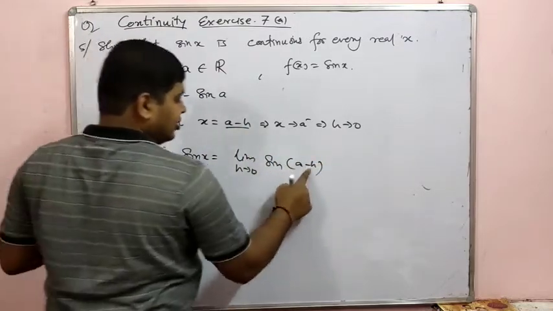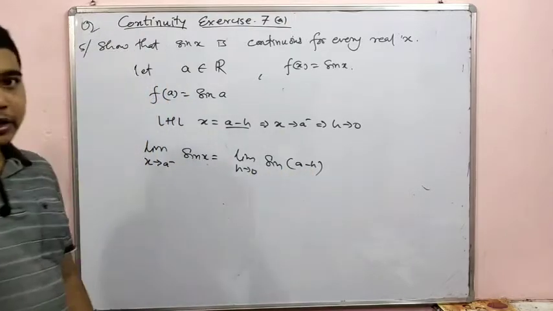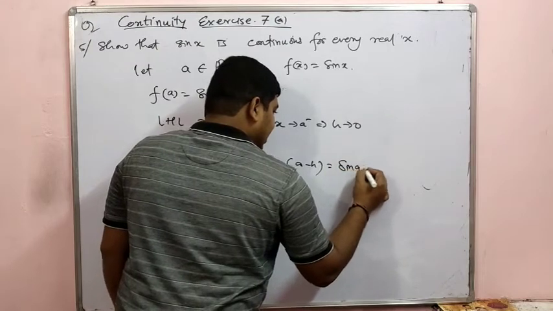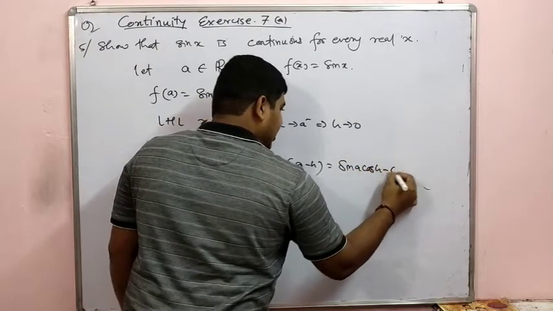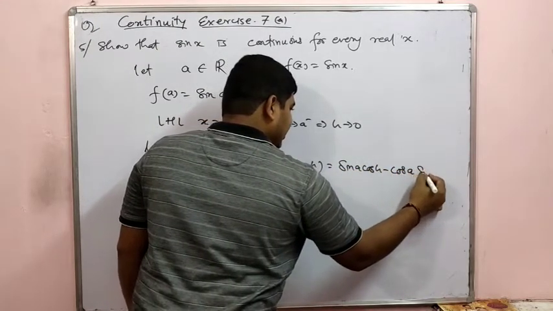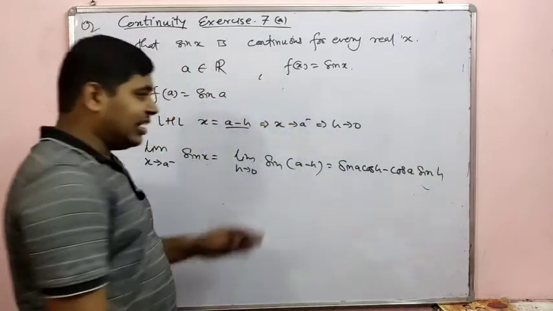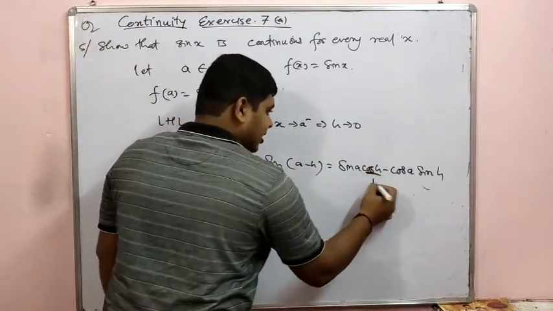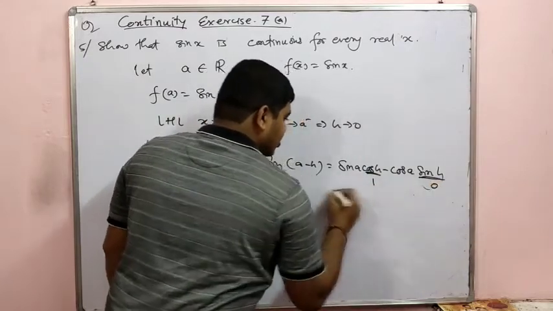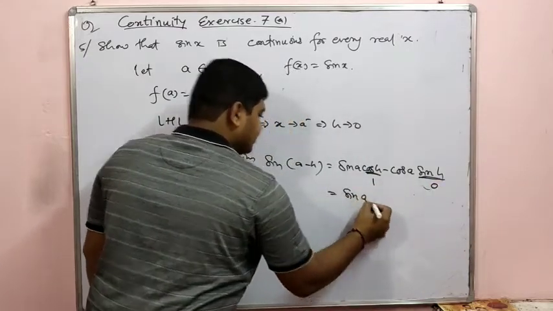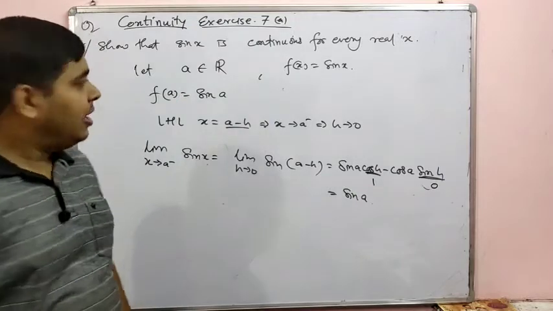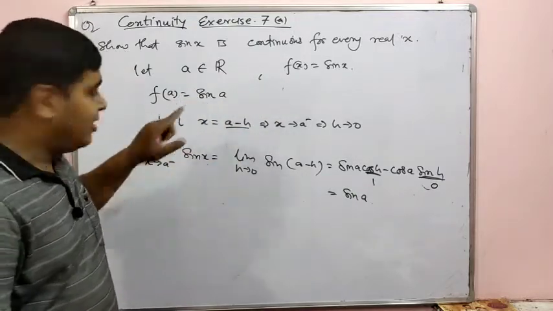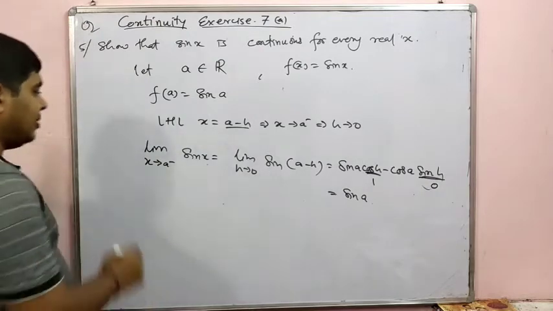So put 0 in place of h, and on expanding, this is equal to sin a cos h minus cos a sin h. Putting h as 0, cos h is equal to 1 and sin h is equal to 0. So this is equal to sin a. So f of a, which is sin a, is equal to the left hand limit.